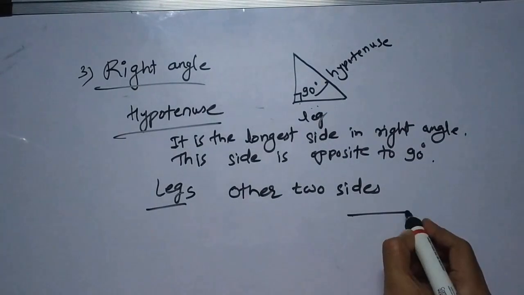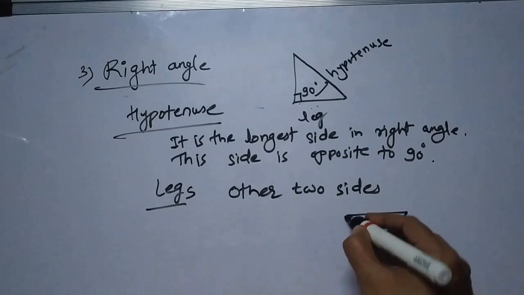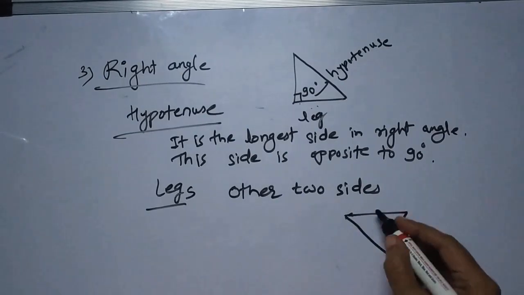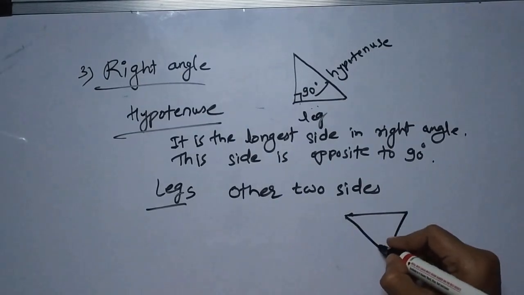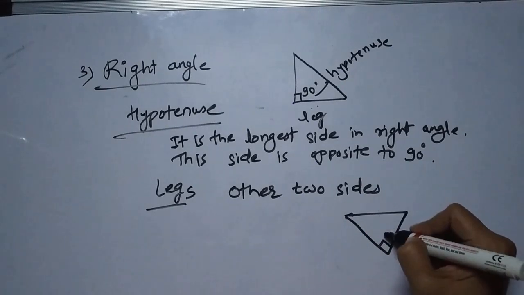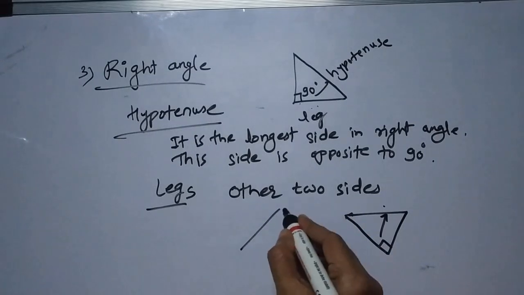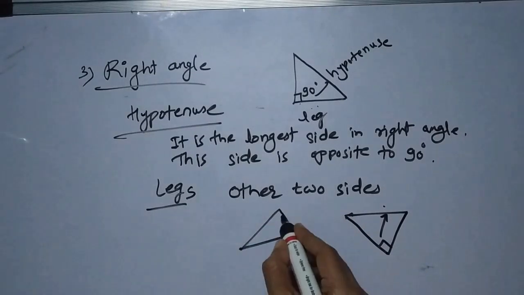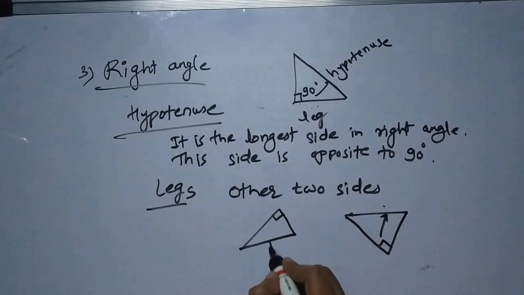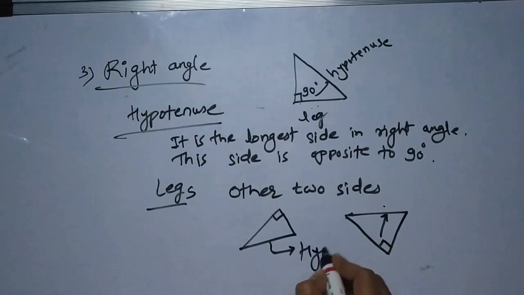Suppose this is also a 90 degree angle. This side is opposite, and it is the longest side. Suppose we have one more 90 degree angle. This is the hypotenuse, again the longest side.